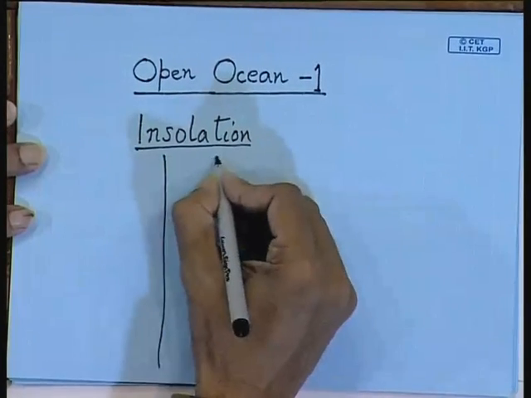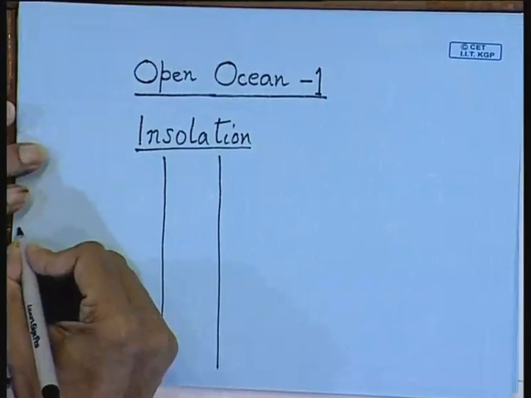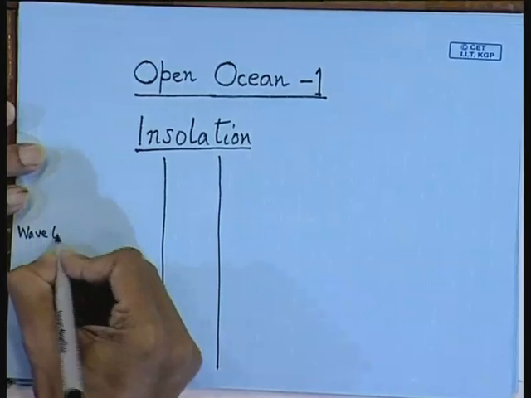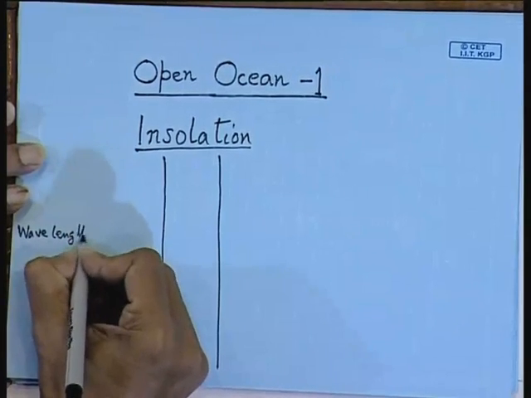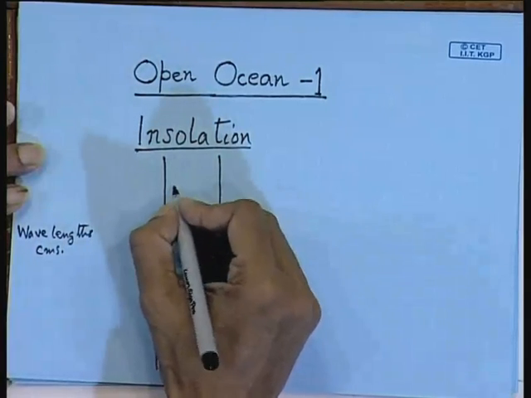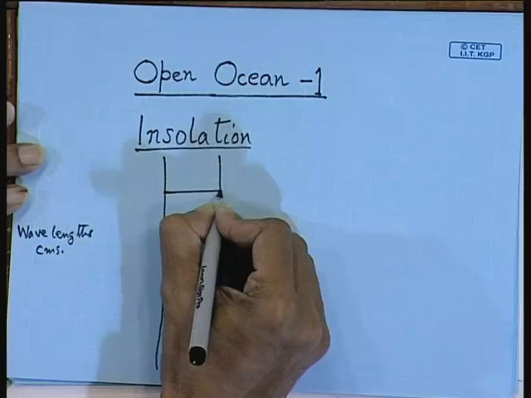On this scale, wavelengths are given in centimeters. Now, you split it up into a number of regions.